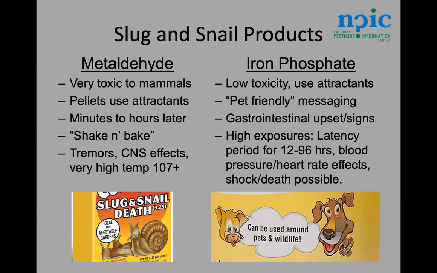With lower exposures, gastrointestinal upset is characteristic, but when you have a really high exposure, those gastrointestinal symptoms may subside, and then there's a latency period of 12 to 96 hours, after which the animal begins to experience new symptoms such as blood pressure changes and heart rate effects, and that can possibly lead to shock or death in the animal. And that's because of the iron poisoning.